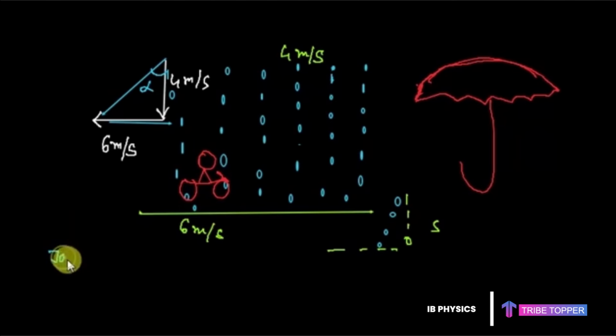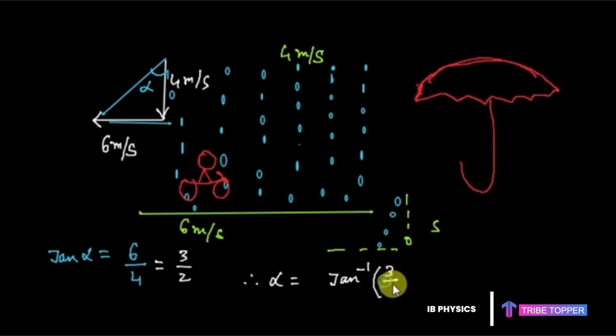So tan of alpha is equal to perpendicular upon base. The height here is 6 and the base here is 4, so we get 3 upon 2. Therefore alpha is going to be tan inverse of 3 upon 2, or we also write it as arc tan 3 by 2.